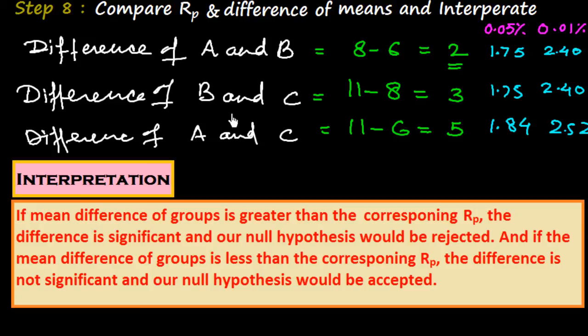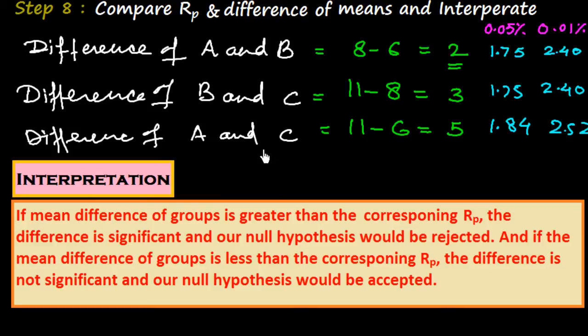For B and C the mean difference is 3. At 5% the value of RP is 1.75 for two groups B and C, so 3 is greater than 1.75. There is a significant difference and our hypothesis is rejected. Here also 2.40 is less than 3, so it is also rejected at 1% for B and C.